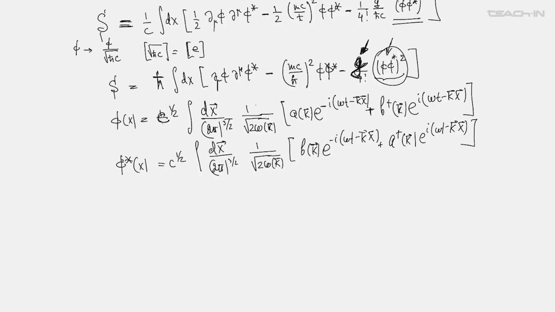And I'm talking about a complex scalar field here, not the real field, just because the complex scalar field in a way contains both particles and antiparticles. Because it's complex, it contains the operators A and A dagger, which annihilate and create particles, and the operators B and B dagger, which correspond to antiparticles.